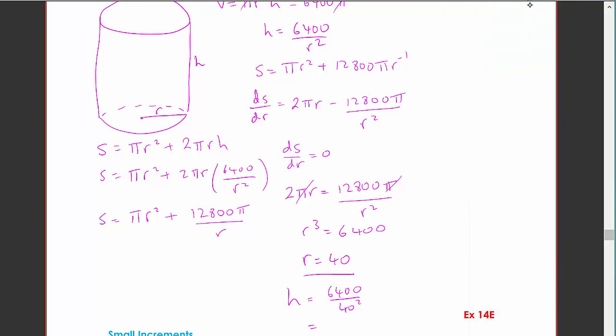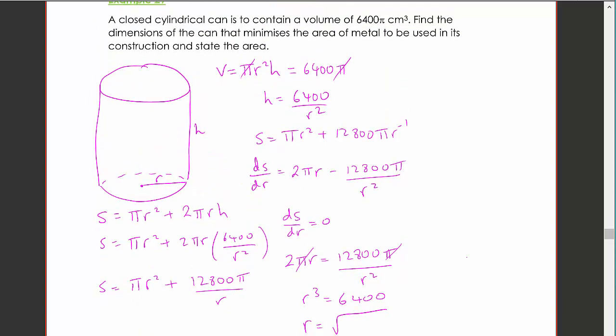Actually, now I've looked at that, 6,400, that is not going to give me r is equal to 40. So that was a mistake going back there. Right, so r is going to be the cube root of 6,400.